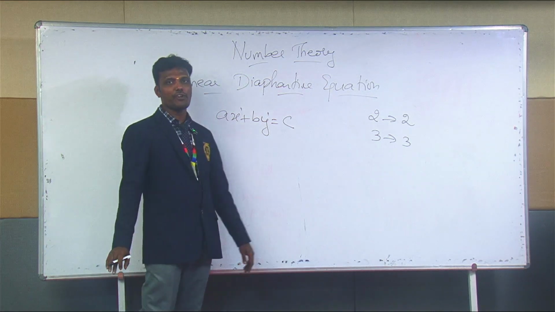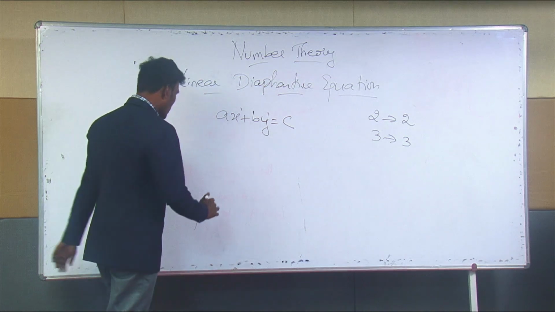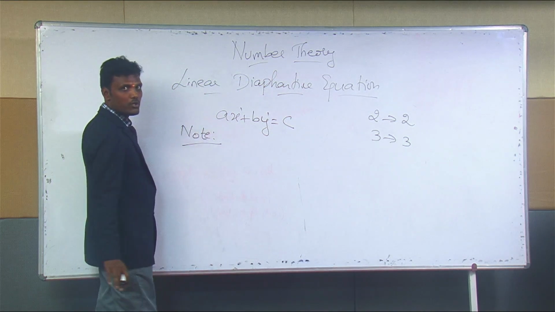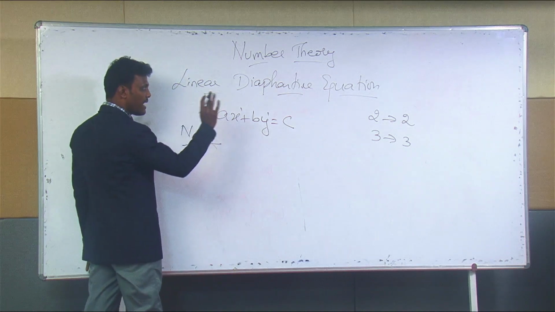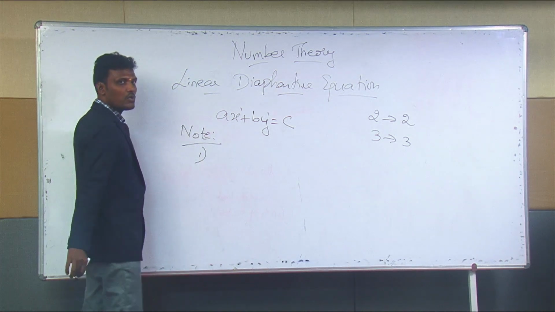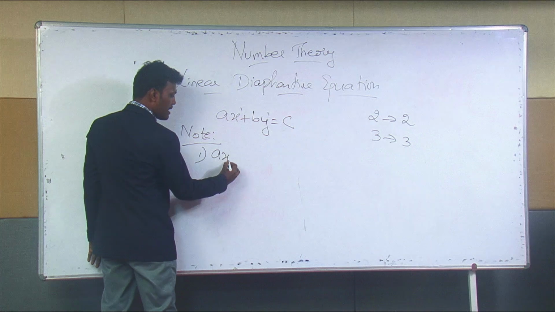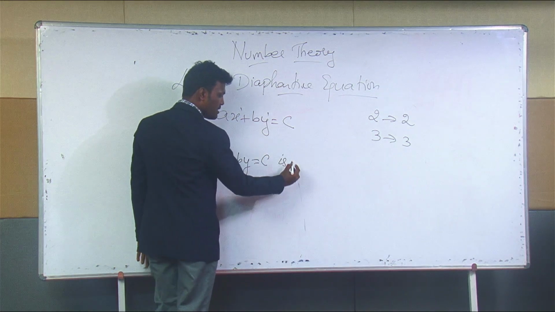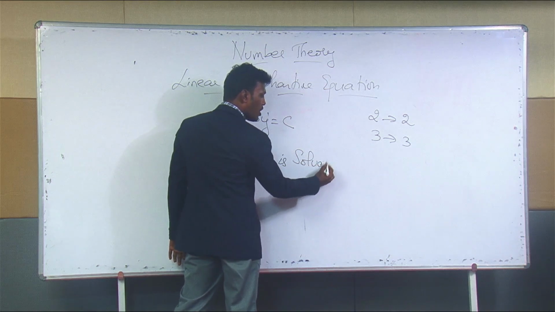In the linear Diophantine equation, there is one specific note you have to follow. The note is: ax plus by equal to c is solvable.